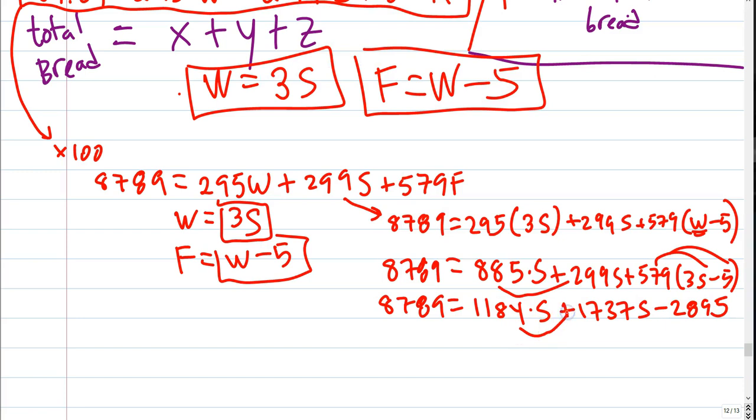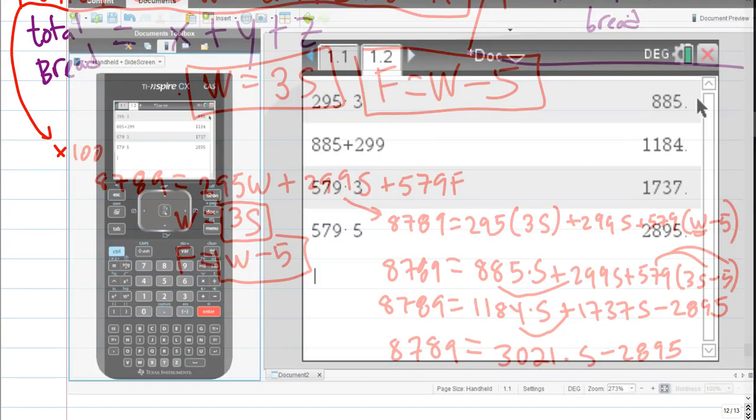Still combining like terms. 8789 is equal to, what is that going to be? 1184, 1737.